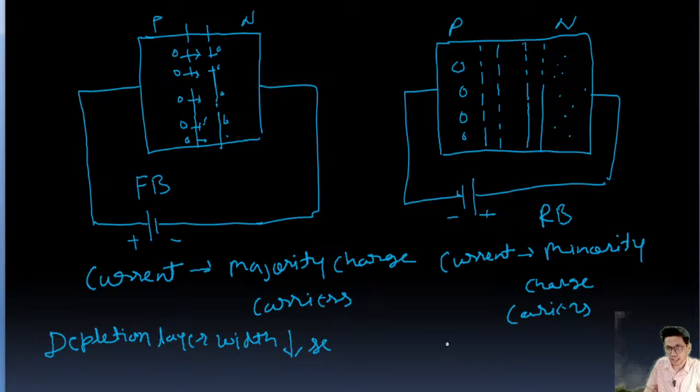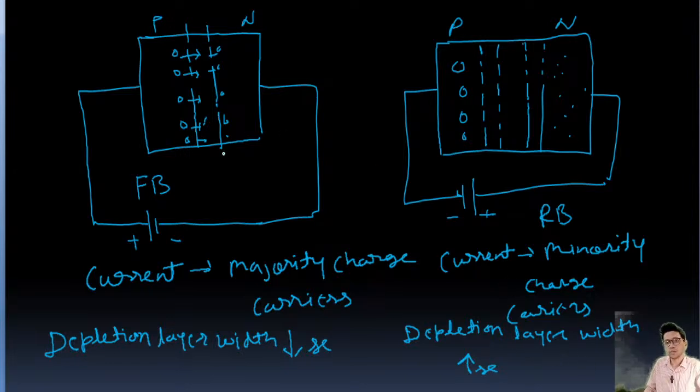And in this case of reverse bias, you can see this depletion layer got increased, so the depletion layer width will increase.